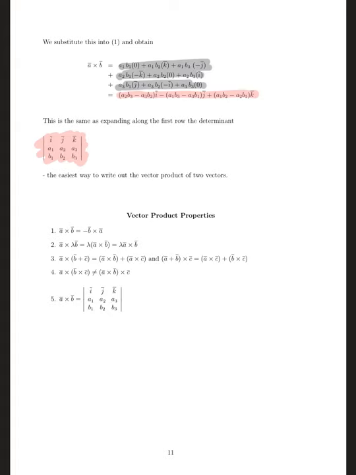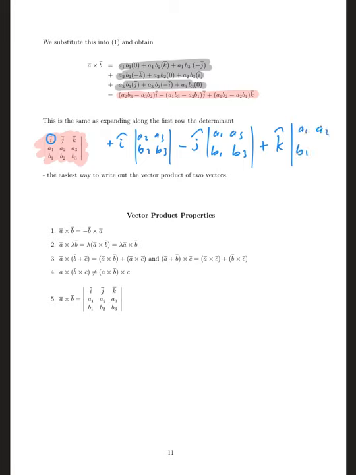If I expand along the first row, my first term would be plus i times the determinant of what's left, a2, a3, b2, b3, and then it would be minus j times the determinant of a1, a3, b1, b3, and then it would be plus k times the determinant of a1, a2, b1, b2. And you'll see that when I work that out, I'll get back that formula above.